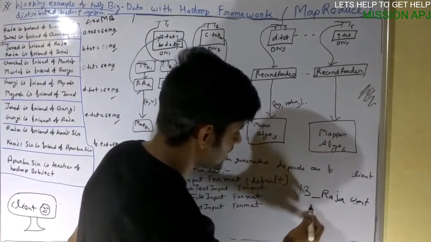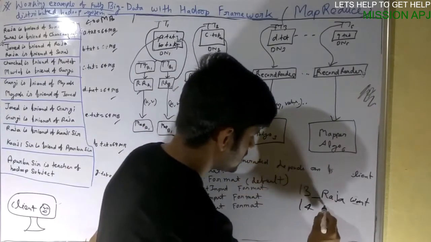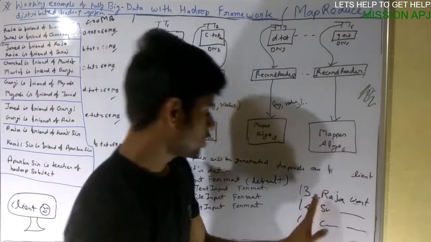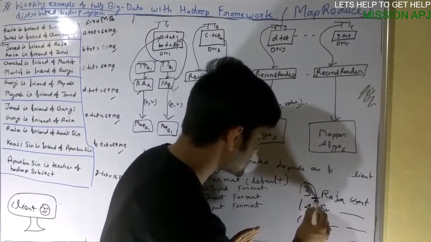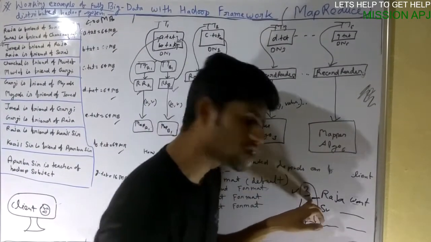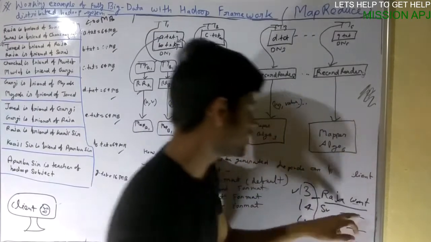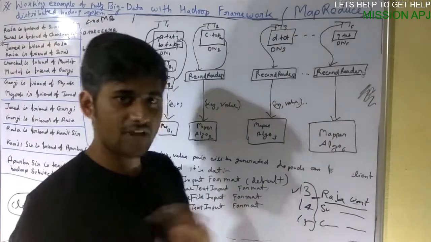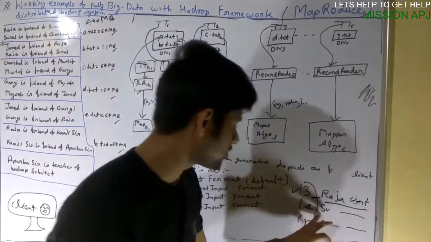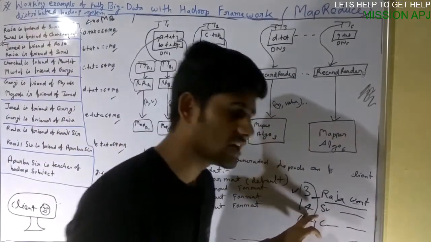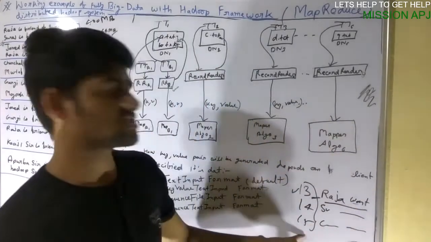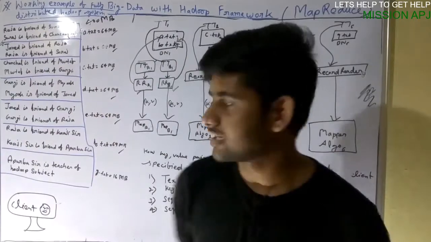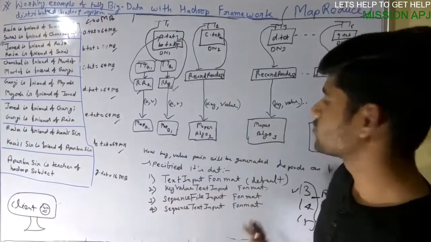So the first tab has been found, again 14 Suraj something, again 15 Chansal something. So after the first space, 13 is your key, and this whole rest is the value of the key comma value pair. Again, before the first tab, 14 is taken as a key, the rest is taken as the value. 15 is taken as key, the rest is taken as the value. In this way your key comma value pair will be generated for the key value text input format.